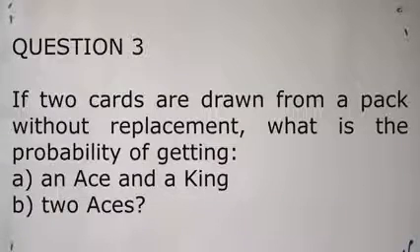Question number 3. If 2 cards are drawn from a pack without replacement, what is the probability of getting A, an ace and a king? B, 2 aces. In a pack of playing cards, there are 52 cards.